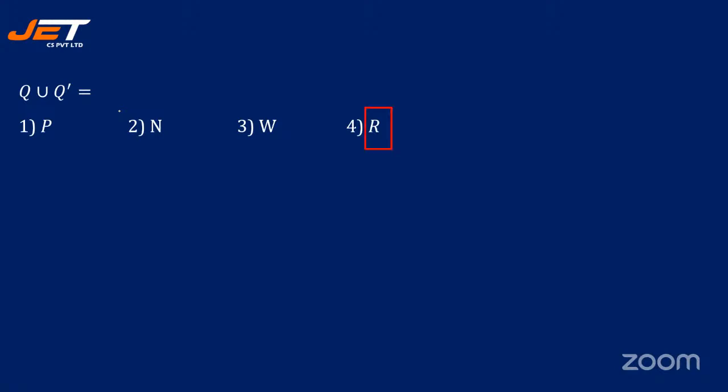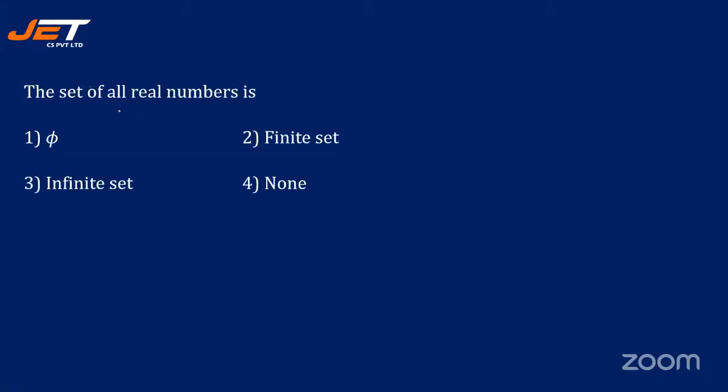Your answer must be option 4, that is R. See the next question. The set of all real numbers is dash: null set, finite set, infinite set, none. So it must be infinite set.